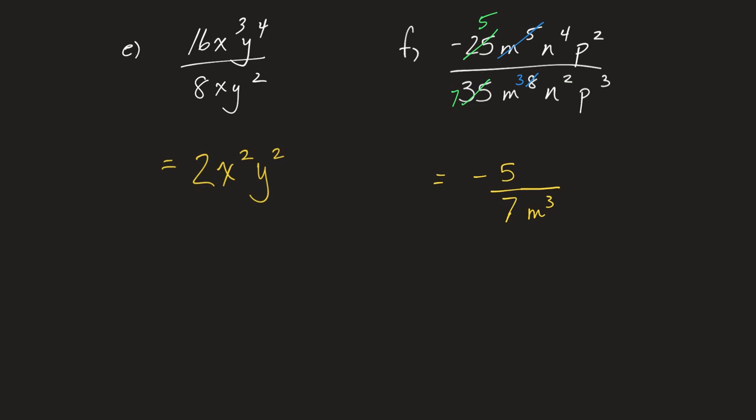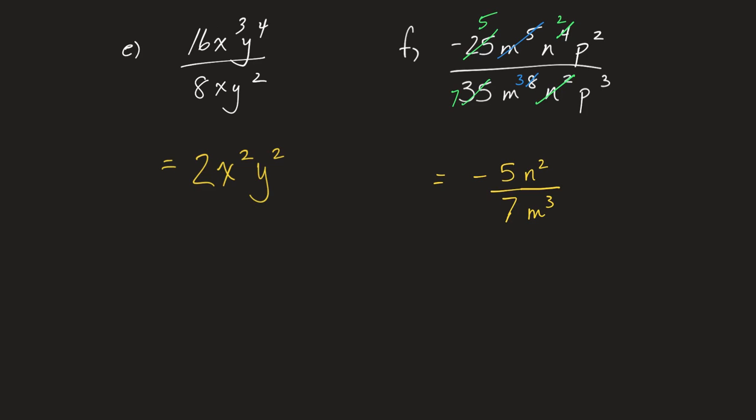Now I take a look at my powers of n. I've got 4 n's on top, I got 2 on the bottom, so I have more on top, and by how much? 2, so I have an n squared on top. That is me dividing 2 n's out of the bottom, 2 n's out of the top, so I'm left with n squared on top. Now I address my powers of p.